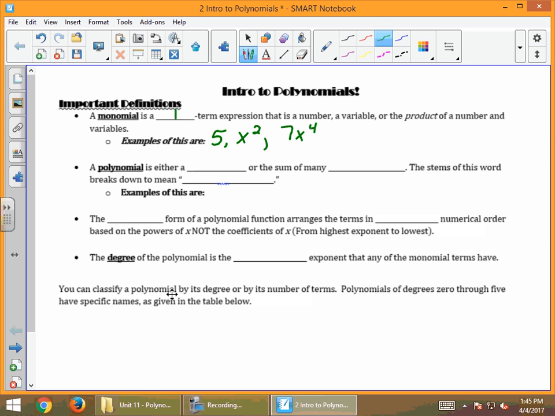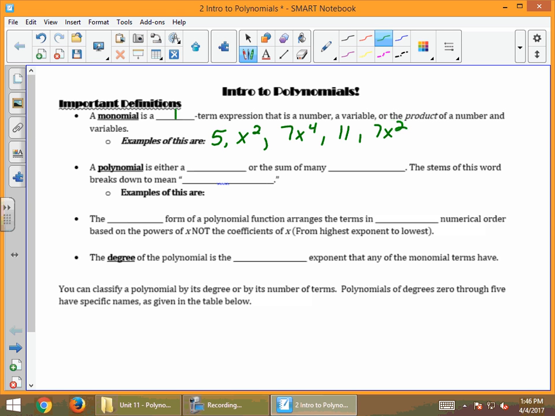This is a variable. X squared. Those are all monomials. It's just a number, just a variable, or a number with a variable. Okay. All monomials. Nothing's being added or subtracted, essentially.